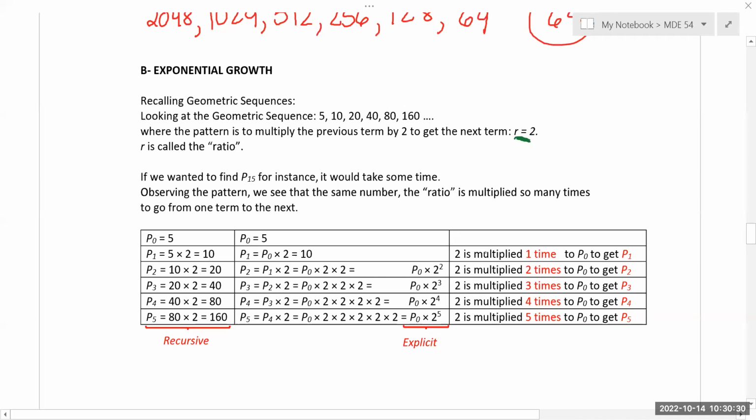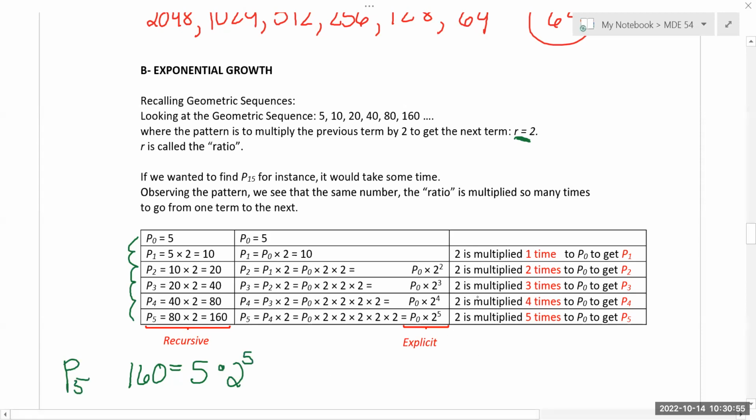That's multiplying 5 once by 2. P of 2 was 10 times 2, which is 20, which was P of 0 times 2 times 2. And then we did it 3 times, 4 times, 5 times. So this 160 was the initial value, 1, 2, 3, 4, 5, times 2 to the 5th power for that P of 5.